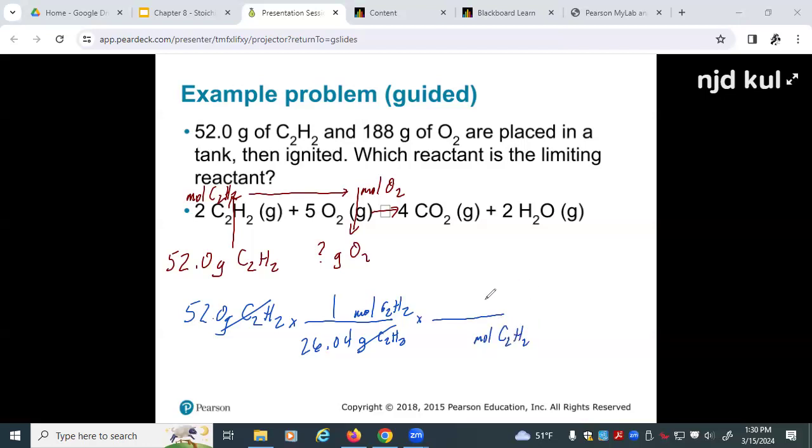The second step is to turn the moles of acetylene into moles of oxygen. For that, I need my balanced chemical equation. So I need the coefficients in particular, 5 from the oxygen, 2 from the acetylene. My moles of acetylene cancel. Now I have moles of oxygen.